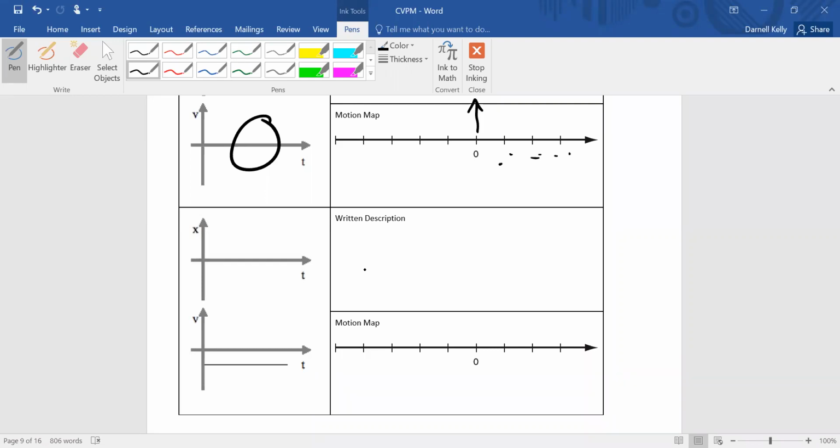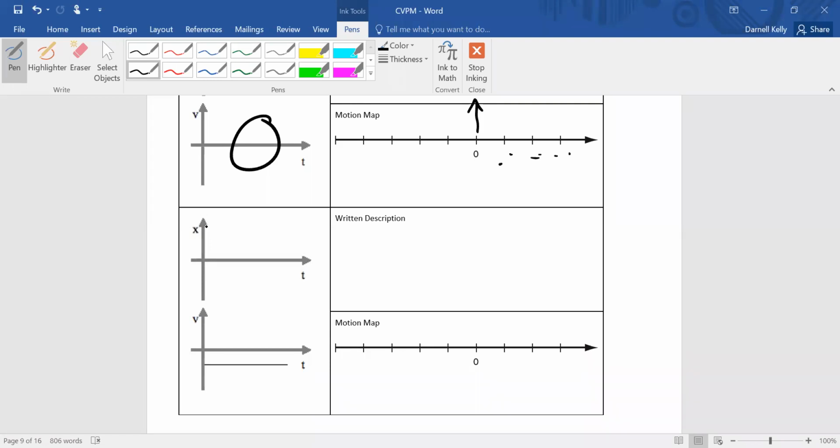But for now, I'll just ask the general audience: what graph in position versus time is associated with this negative velocity? What do you think? Think slowly. What kind of graph in position would I have to draw? Any takers?